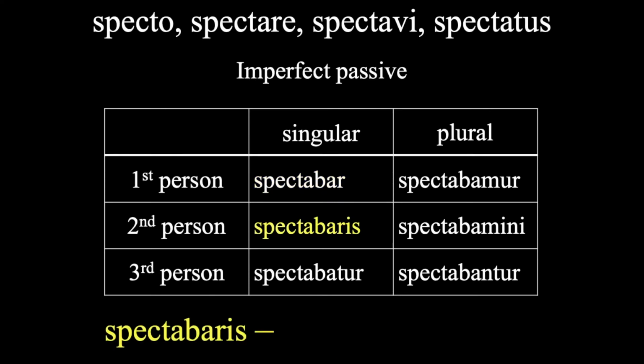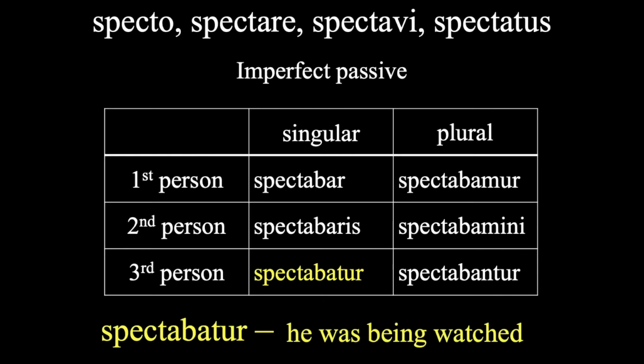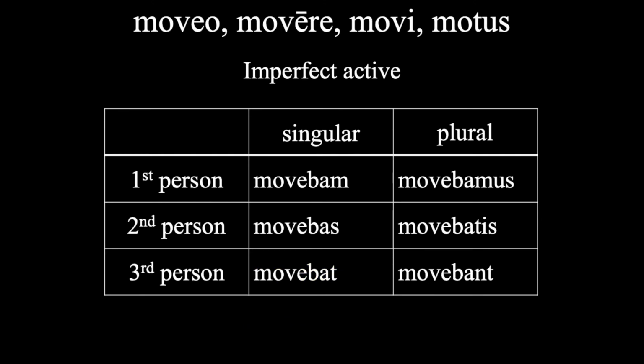So the second singular, spectabaris, is going to mean you were being watched. Spectabatur, the third singular, will mean he or she was being watched, etc. Okay, for second conjugation, it's going to work the same way.